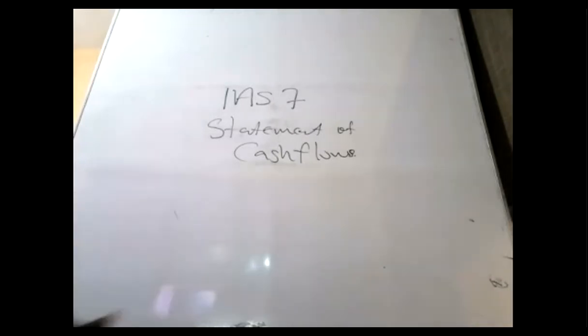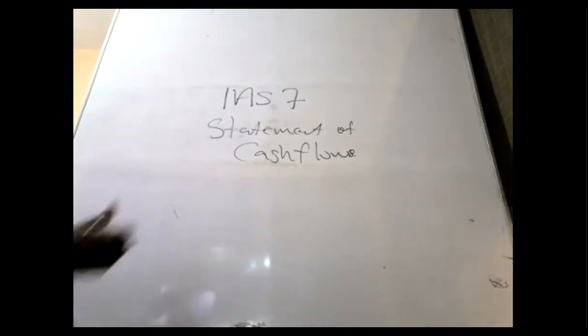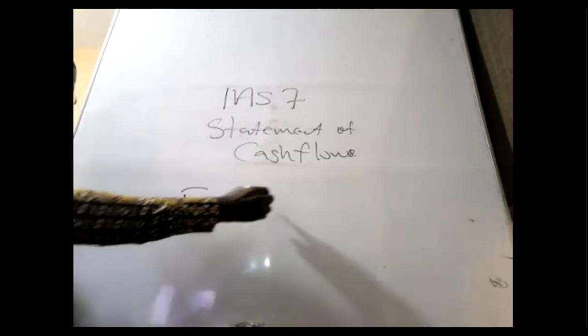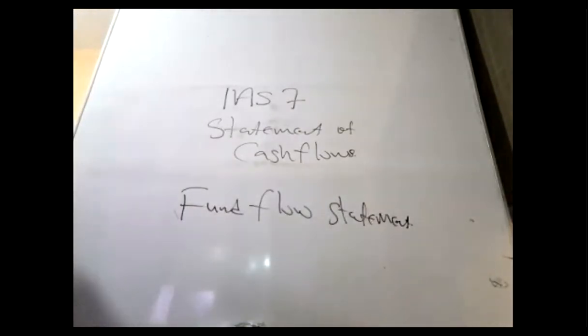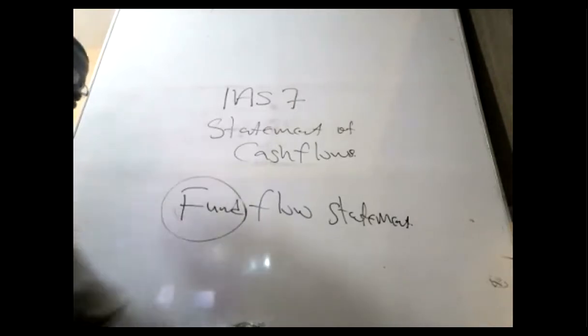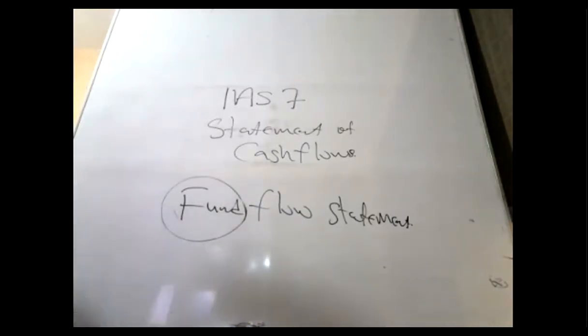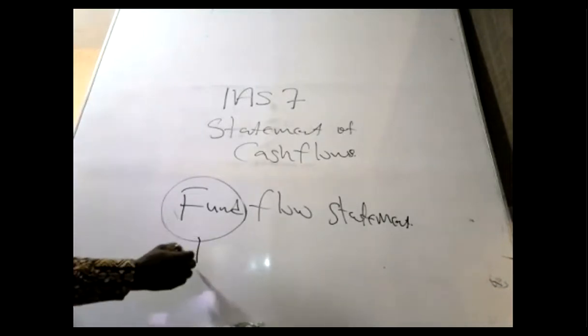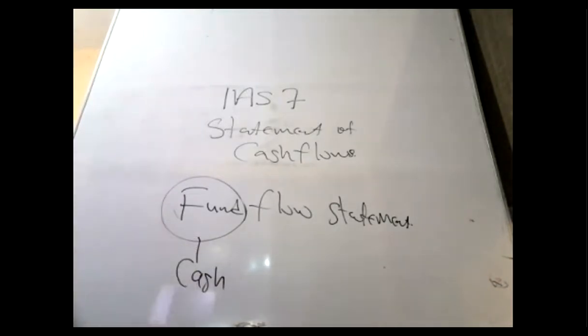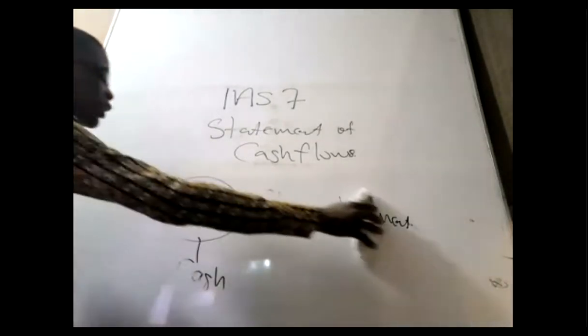Formerly called cash flow statement, after the revision it is called statement of cash flows. Previously it was known as fund flow statement. So no more funds; let's call it cash, replacing fund flow with cash. Let's go into detail and know the concepts.